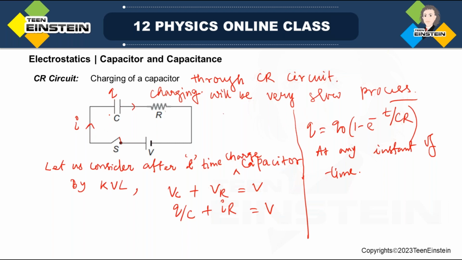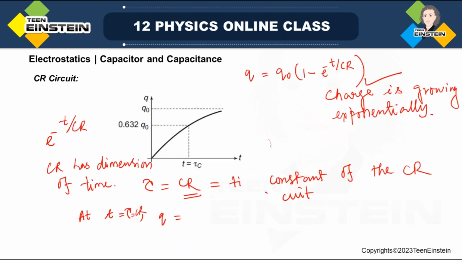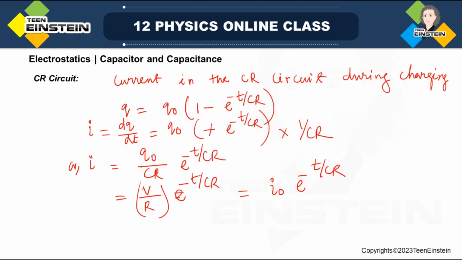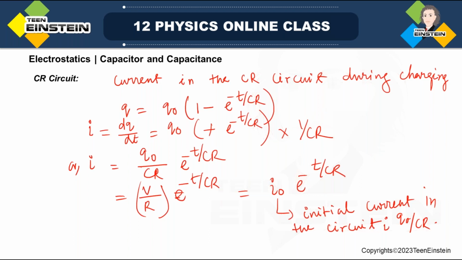Since there is no charge, there is no voltage drop across the capacitor, so the whole voltage drop will be across R. That's why V by R is the initial current I0, which is Q0 by CR.